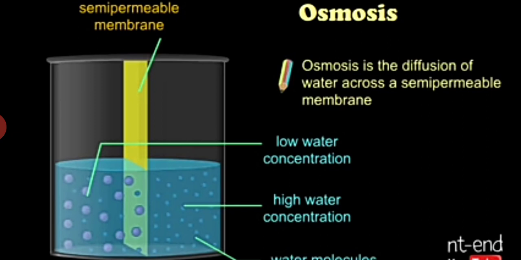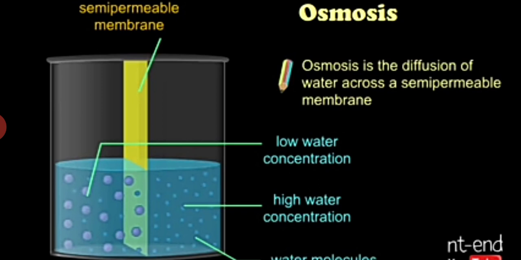You can see in the figure that a semi-permeable membrane is present. On the left side, in the water there are purple bubbles, another substance that is the solute, and the water is the solvent. On the right side, only water is present, there is no solute.